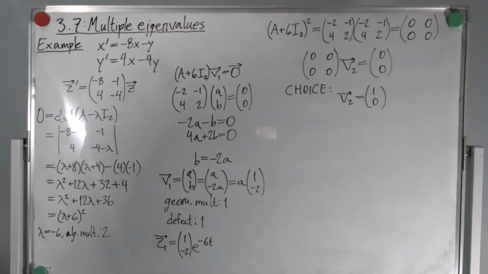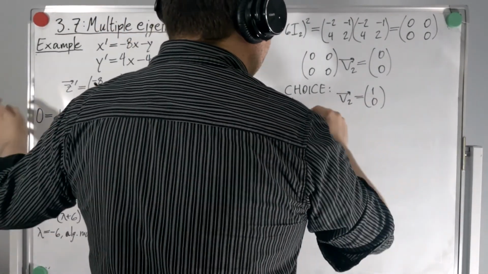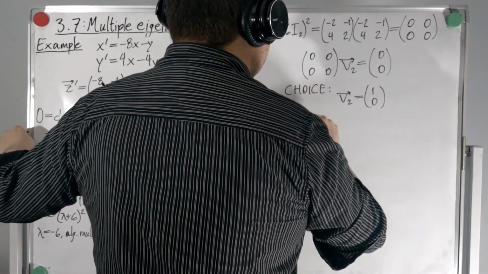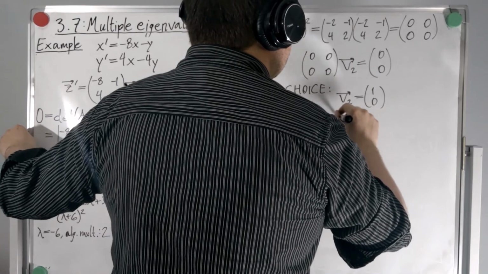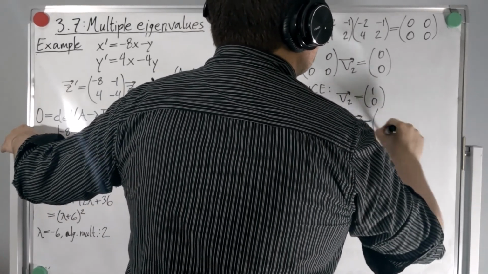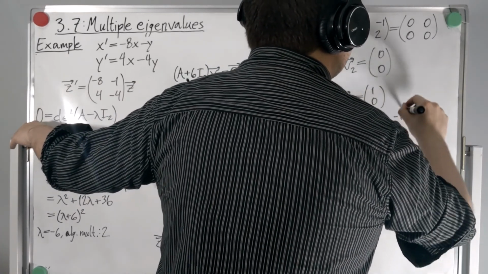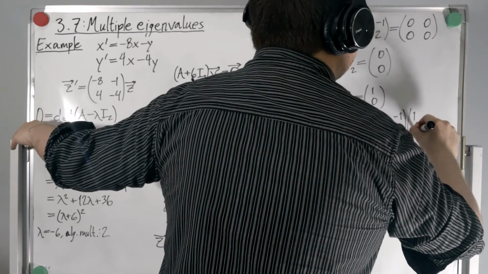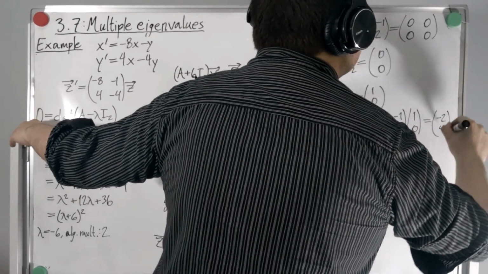Okay. And then from there, we're going to need to find a compatible eigenvector. So v1 vector needs to be (A plus 6 I2) times v2 vector, which in this case is going to be (-2, -1, 4, 2) multiplied by (1, 0). And that just gives us (-2, 4).